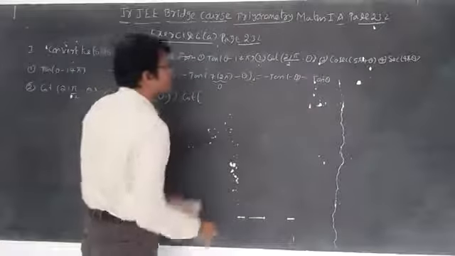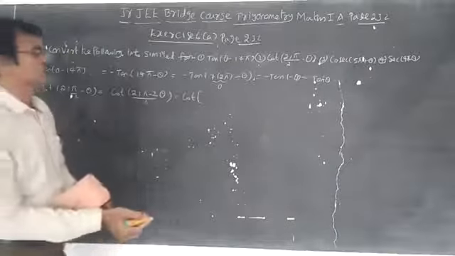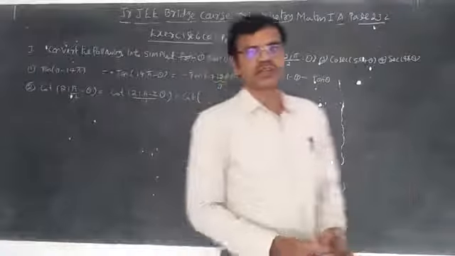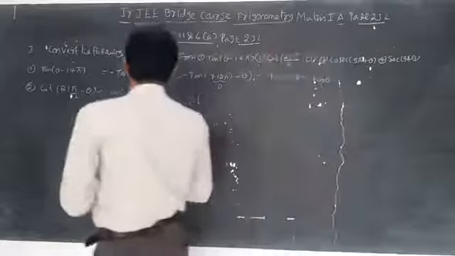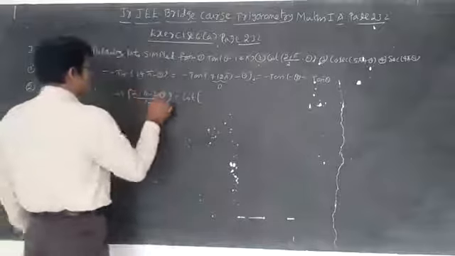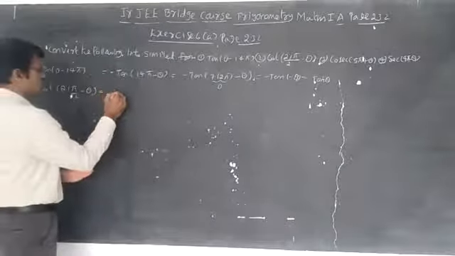If 21 pi by 2 we can consider, it becomes 21 into 90. Like this half angle is not possible, so better to convert in this way.